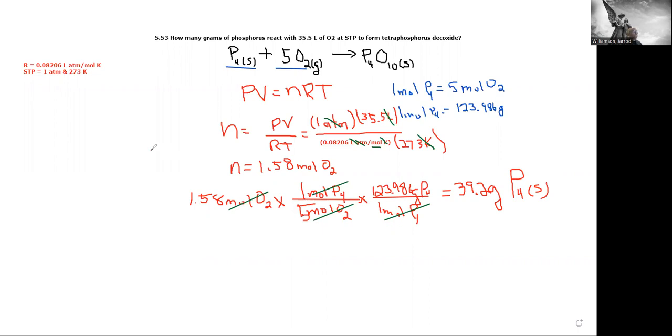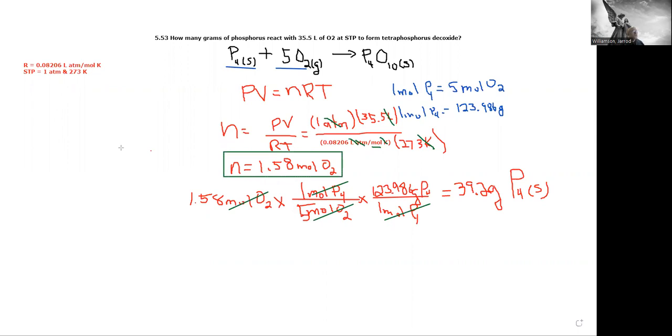So the problem said, how many grams of phosphorus react with this much oxygen at STP? From the balanced chemical equation, I know for every 5 moles of oxygen, I'll need 1 mole of phosphorus. I calculated the moles of oxygen that will occupy 35.5 liters at STP.